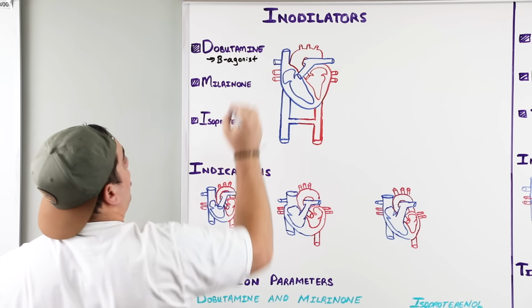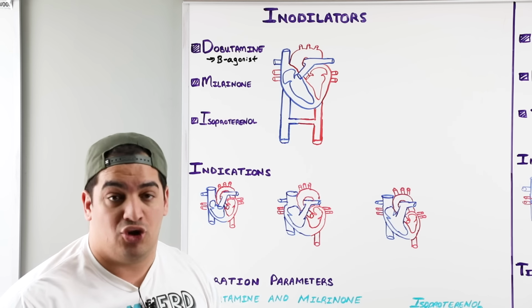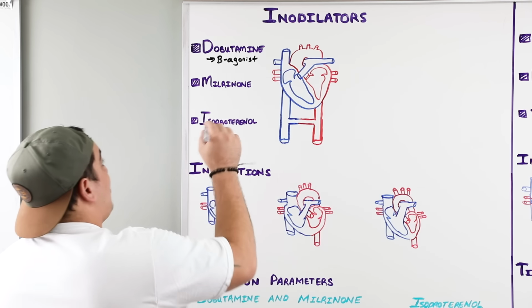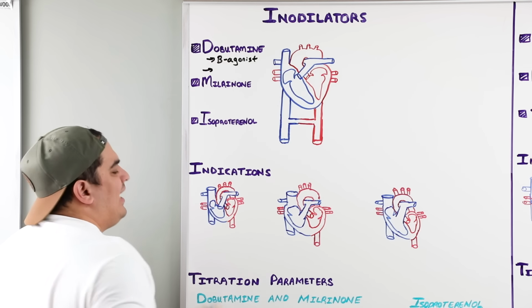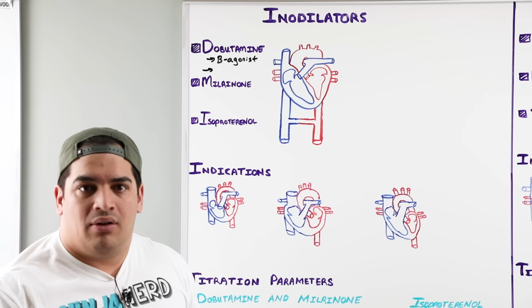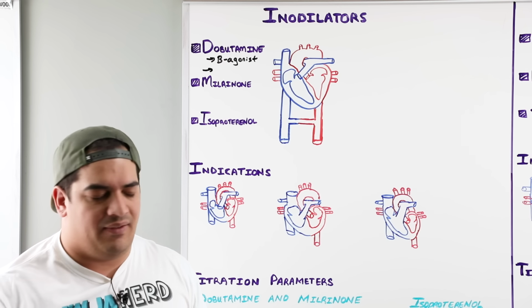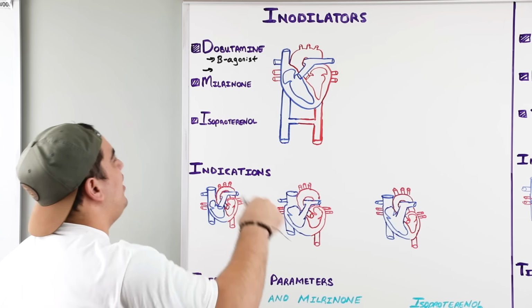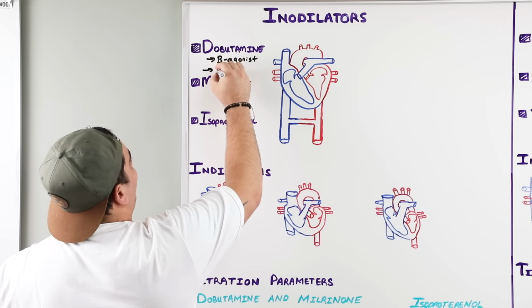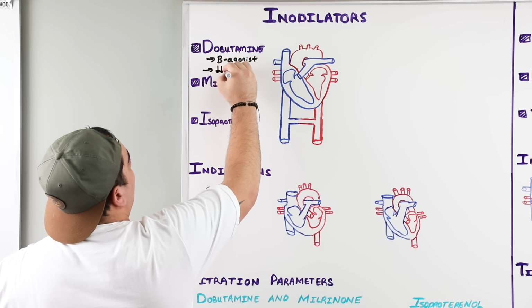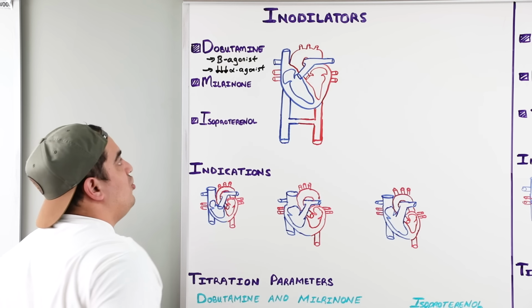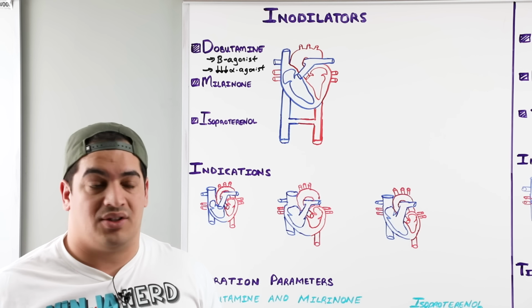It is going to bind onto beta-1 receptors, beta-2 receptors, maybe even a little bit of beta-3 receptors. It also has very, very little alpha agonist activity, almost no alpha agonist activity whatsoever.